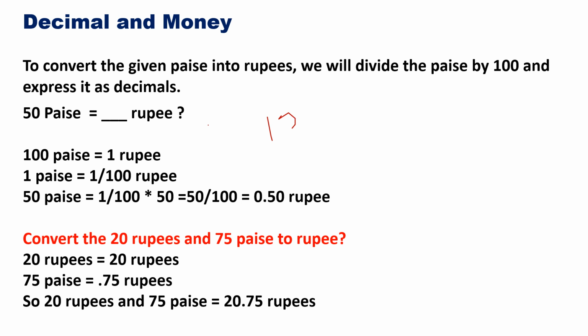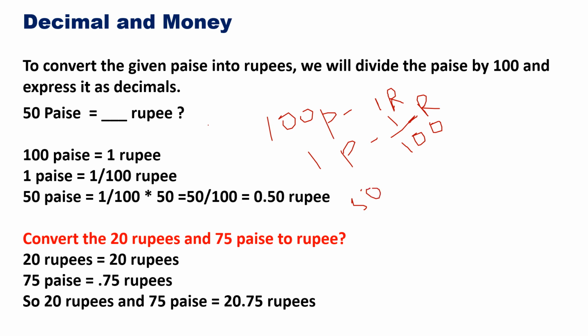So 100 paisa is 1 rupee. What is the value of 1 paisa? The 1 will come down, and the 100 will come as denominator: 1 by 100 rupees.